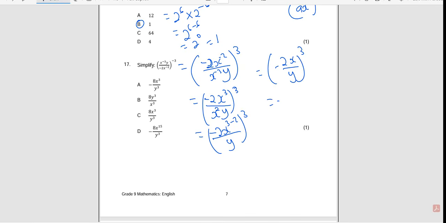Negative 2 to the exponent of 3 is 8, so 8x to the exponent of 3 divided by y to the exponent of 3, because this exponent must be in the numerator and what in the denominator. That's the law of exponents. We applied this law, and now the correct answer is going to be A.